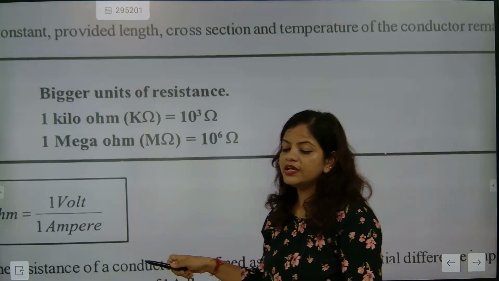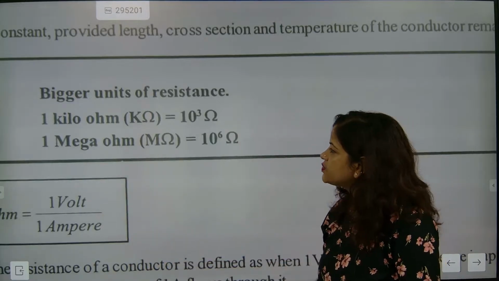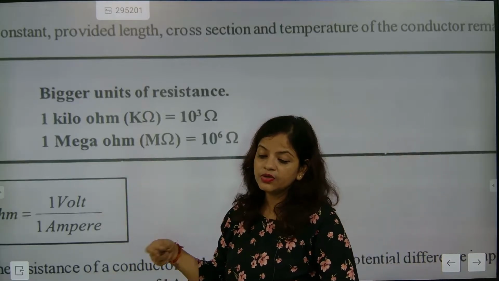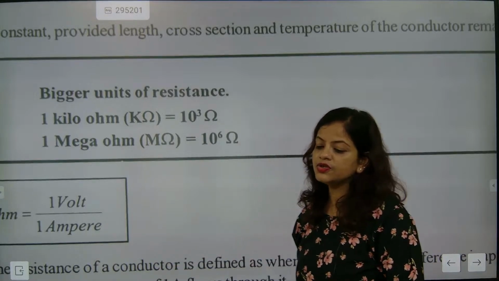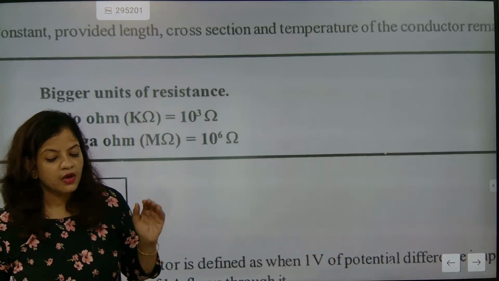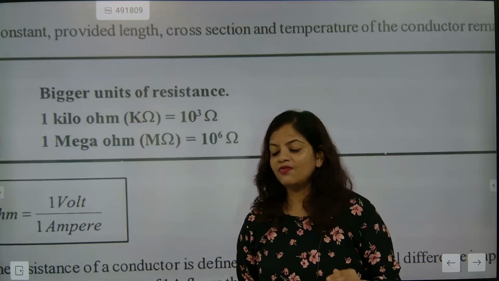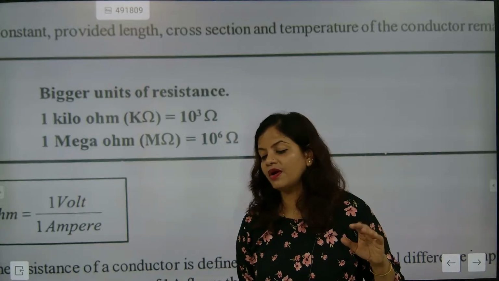Note down, 1 kilo ohm is equal to 10 to the power 3 ohm, and the next one, 1 mega ohm is equal to 10 to the power 6 ohm.